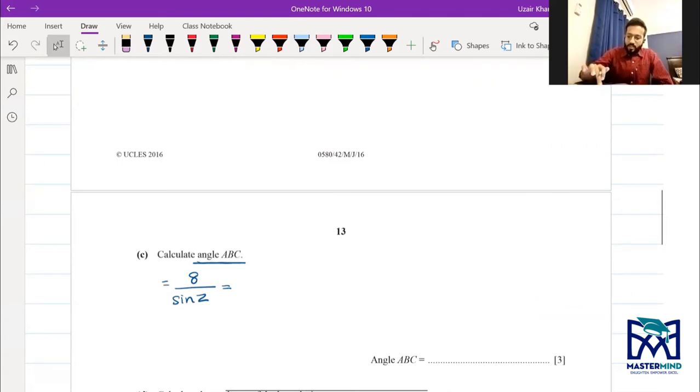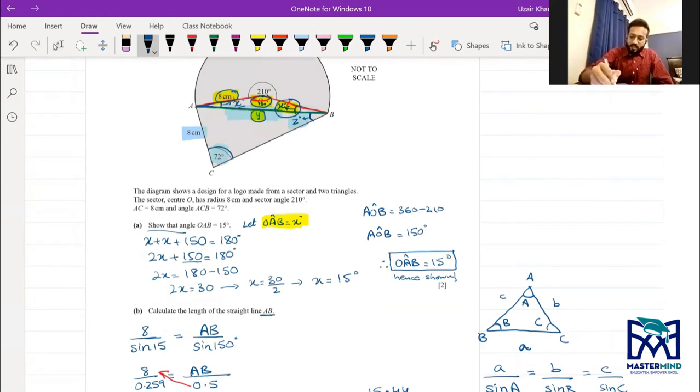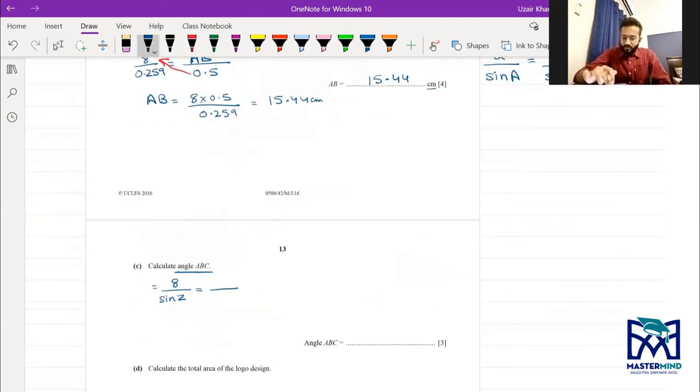Let's go back to the diagram: the length happens to be AB, which is opposite to the angle that is known to us. That's why we're going to use that length, which is 15.44 upon sine of angle 72.